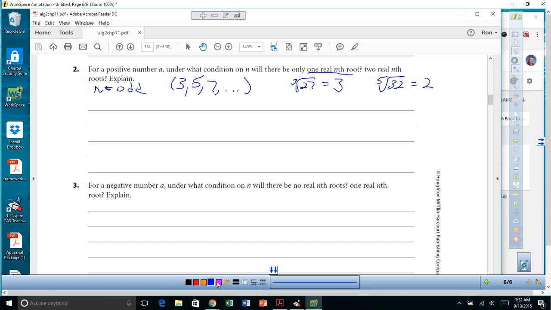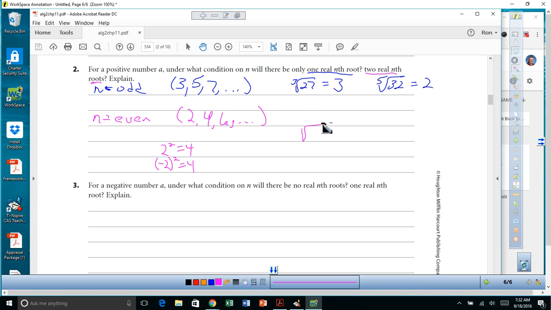Now, what about two real nth roots? Well, that might happen if n is even, like 2, 4, 6, and so on. Example, you know that 2 squared is 4. Well, negative 2 squared is 4.